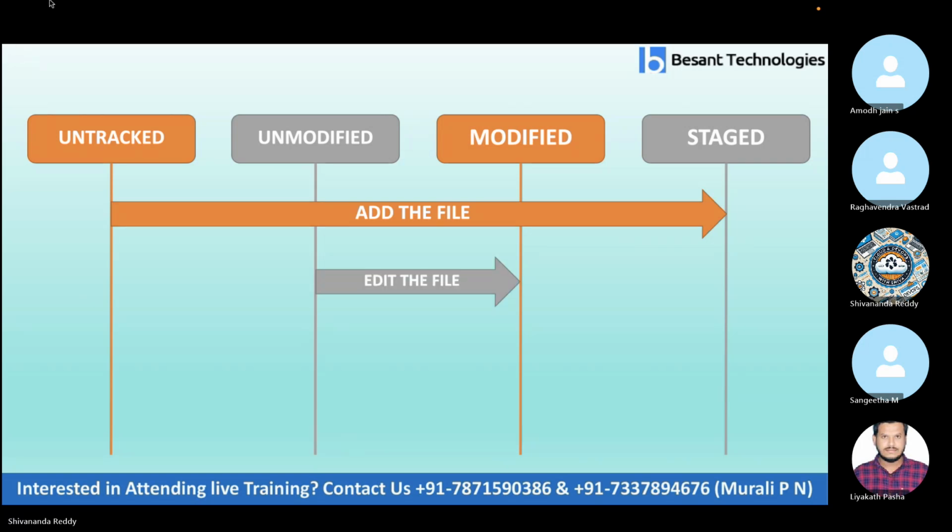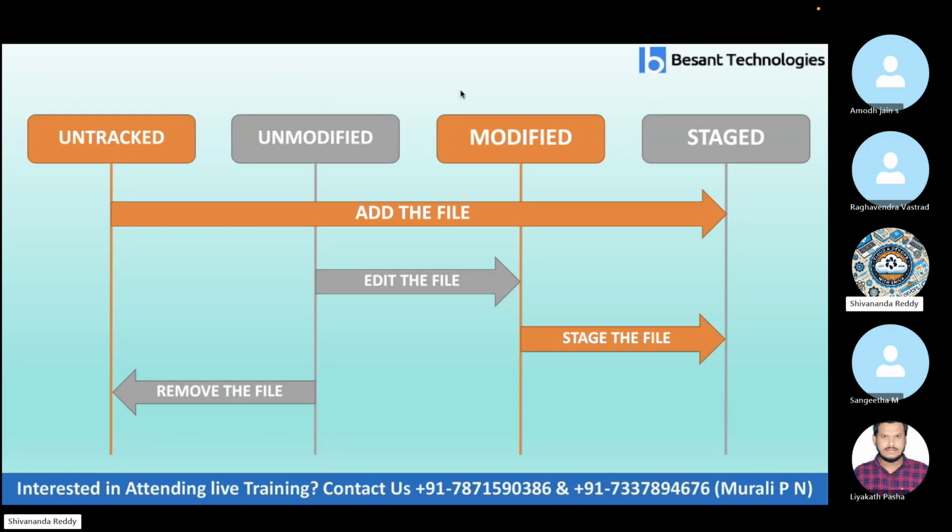Then after Git knows about the file, it is unmodified. You modify it, then it will be a modified file. Then after that, you save the file, that's staging the file. Then remove the file. For example, you don't want the file, you remove it. Then after that you can commit, nothing but save.